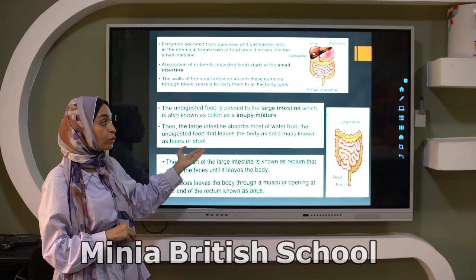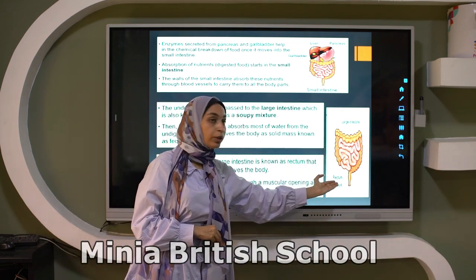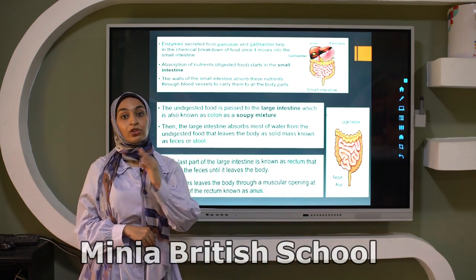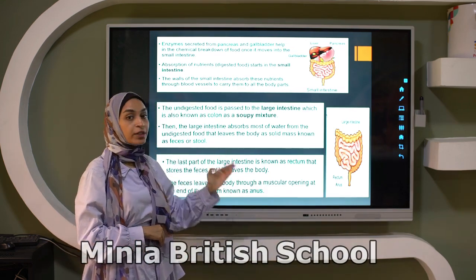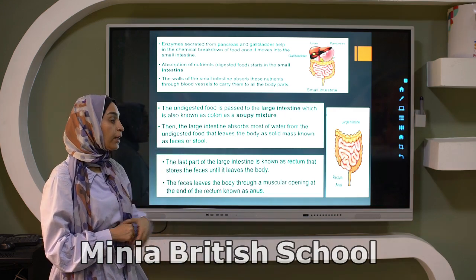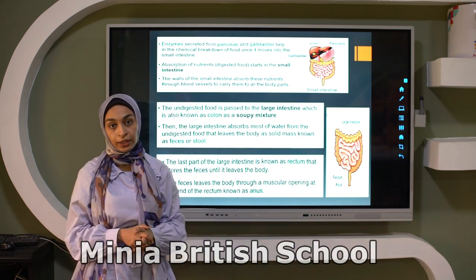Then the feces or stool start to move from the large intestine to the rectum, and the rectum here is a muscle that stores the undigested food, which is feces or stool, and then it leaves the body through a muscular opening, which is the anus.